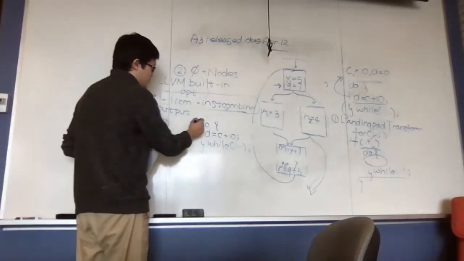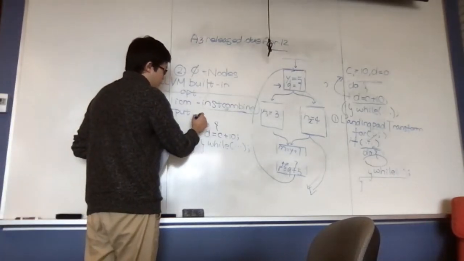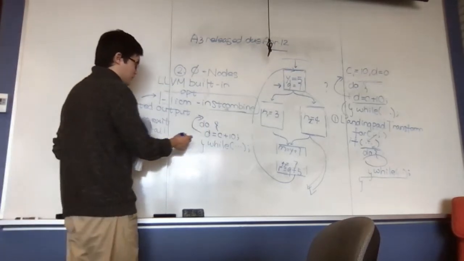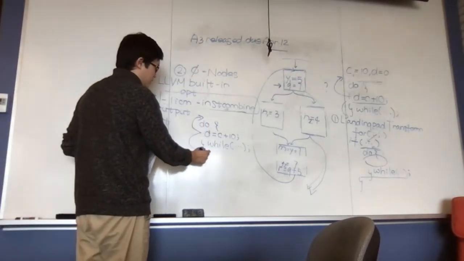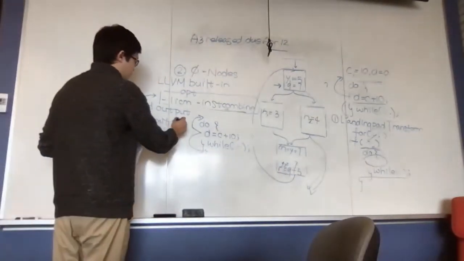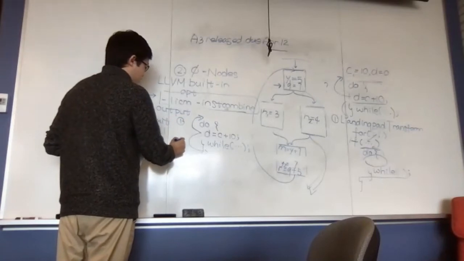Now that we have mentioned it is possible to move D equals C plus 10 to the pre-header, what about if we sink it to the loop exit here? Let me mark this as solution 1 and the other as solution 2.